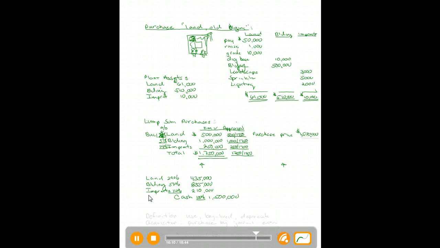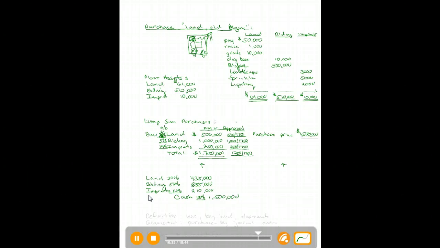Pretty remarkable, since I didn't figure that out first, that it's even. 57% came up to 855,000, and 14% came up to 210,000. So the total, 435, 855, and the 210 equal 1,500,000. And that equals our purchase price.